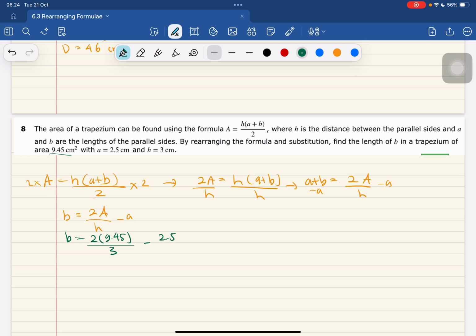First let us multiply: 2 times 9.45 is 18.9 over 3. We divide by 3, so this is 6.3 minus 2.5. That will give us the answer of 3.8 centimeters.